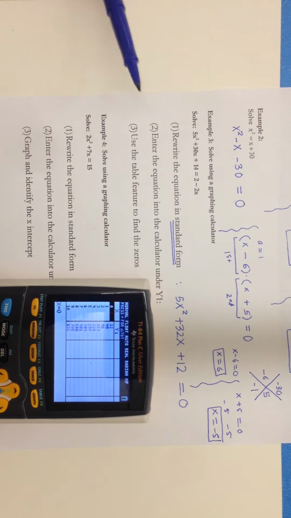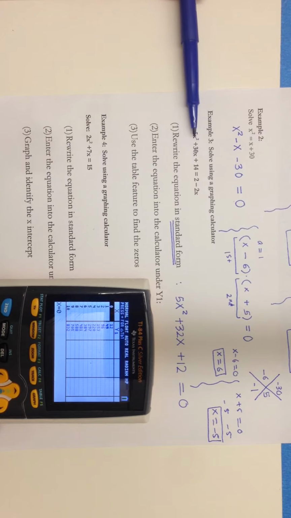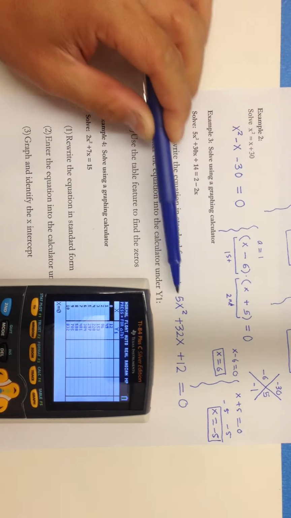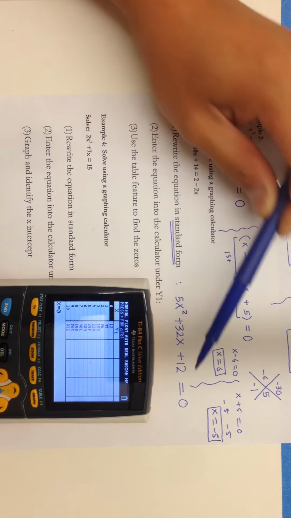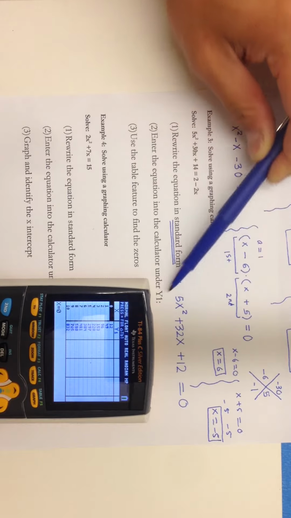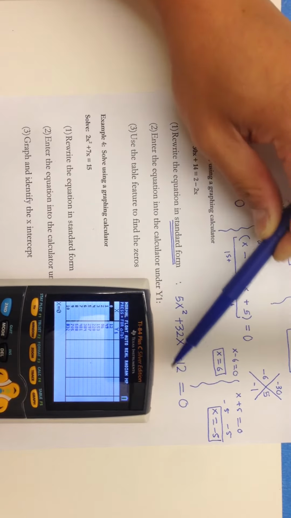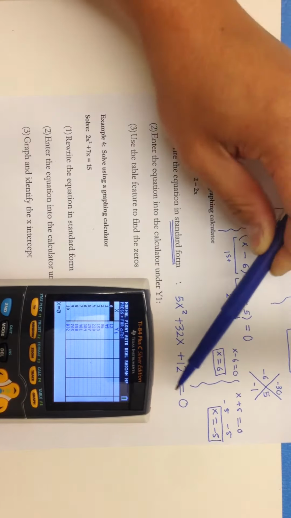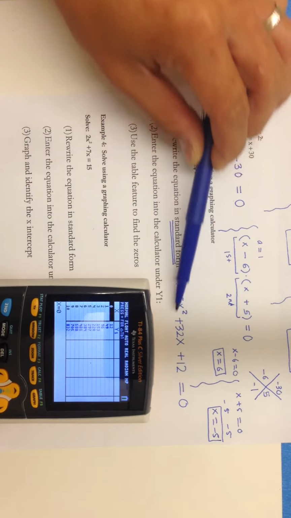When we are solving quadratic equations, we are looking for the x values that equal 0. In other words, we're looking for the x values that make this function equal to 0. When the function is equal to 0, it's the same as saying the y value is 0, because this is really the y value.